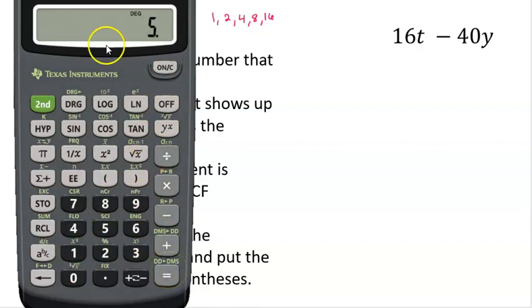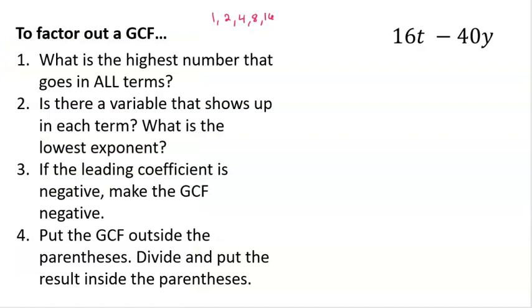And that works out. So I know 8 goes into both. So 16 didn't work, but 8 did. And so if you need help with doing your greatest common factor, that might be something you want to practice. But you can always write out your factors, and then start with the largest one and see if it goes into the others.